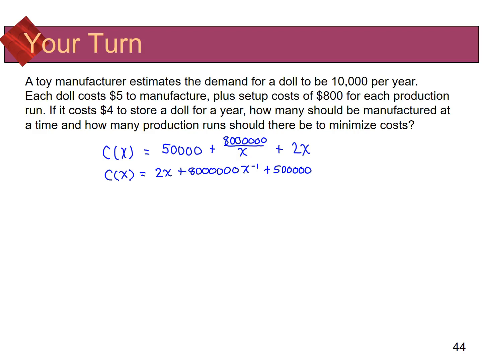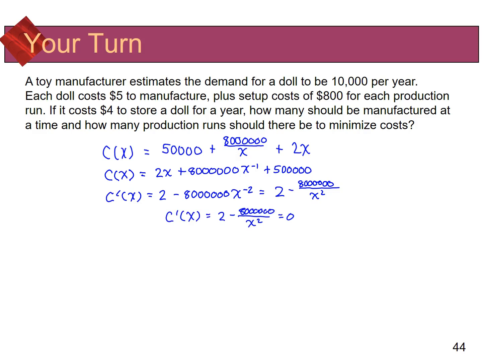The quotient rule won't make it any easier for that middle term. And I end up getting that the derivative is 2 minus 8 million x to the negative 2, which is 2 minus 8 million over x squared. I'm going to set that equal to 0 and solve for x. And I get that x would equal 2,000.